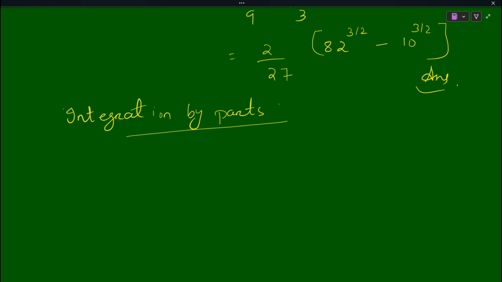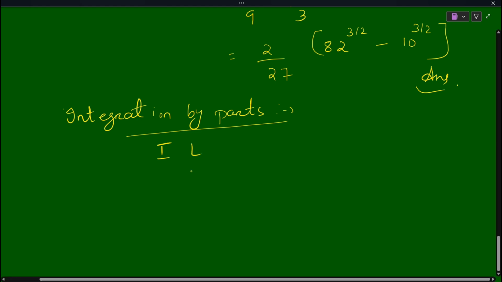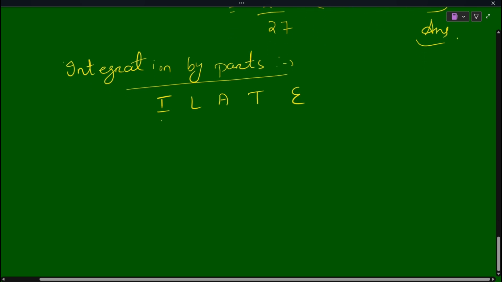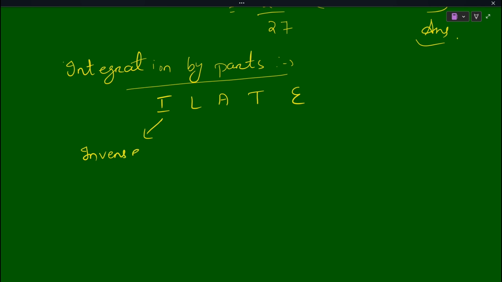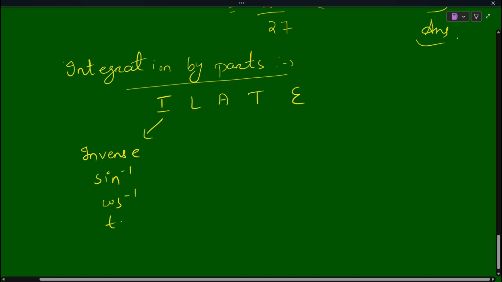Here we have two functions which we have to take in the order of ILATE. So what does ILATE stand for? This I stands for inverse functions. So what type of inverse functions? These are of the form sine inverse, cos inverse, tan inverse, etc.